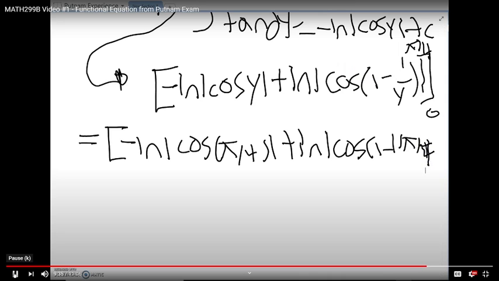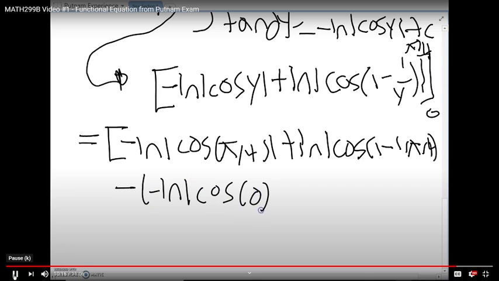Okay, actually that looks really weird, so I'll write this as 1 minus 1 over pi over 4. And this should be minus negative ln of 0.